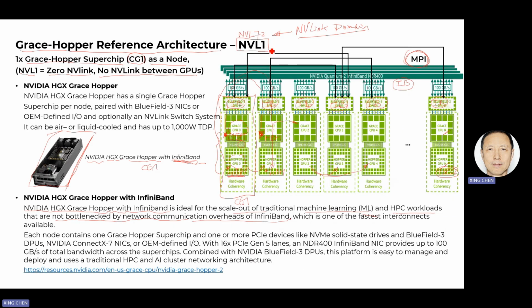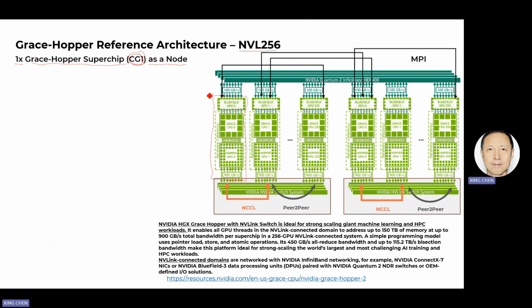Here in NVL1 you have a node, and we have the same node here. The difference is that right now you are going to have an NVL domain with 256 GPUs. 256 GPUs means 256 Grace-Hopper superchips.